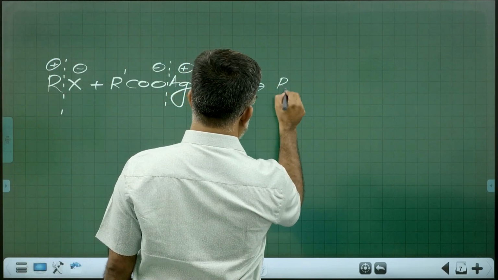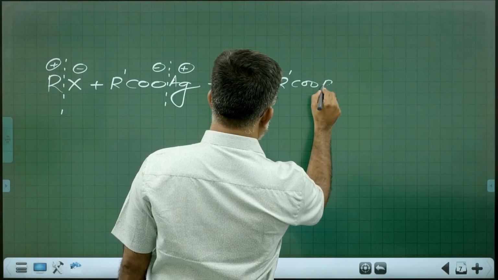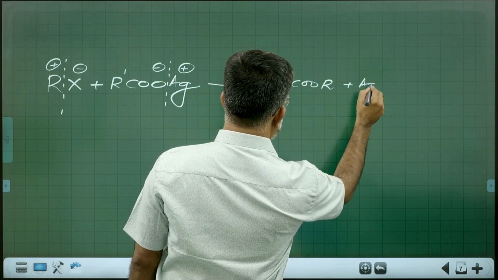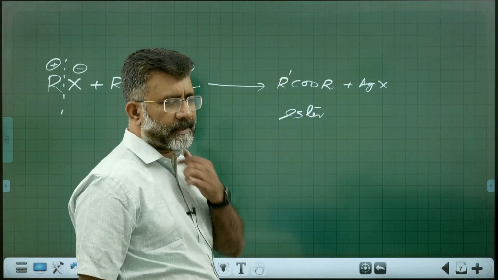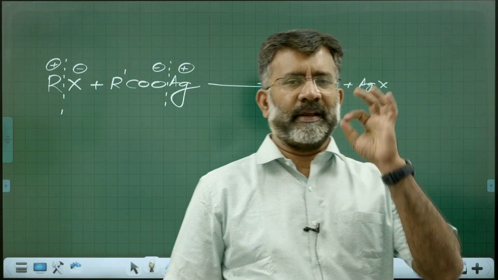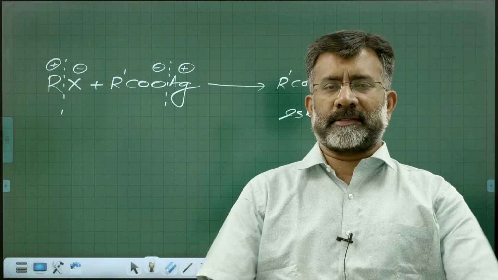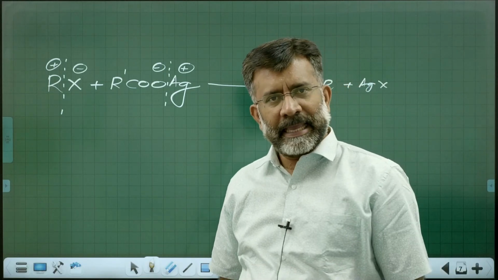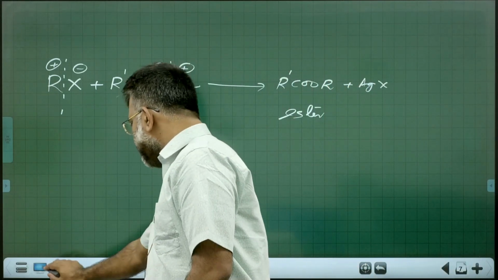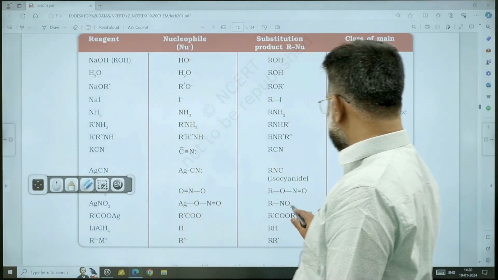And what you get is R-COOR plus AgX. You get an ester. The nucleophile is RCOO minus, and the ester is the product.